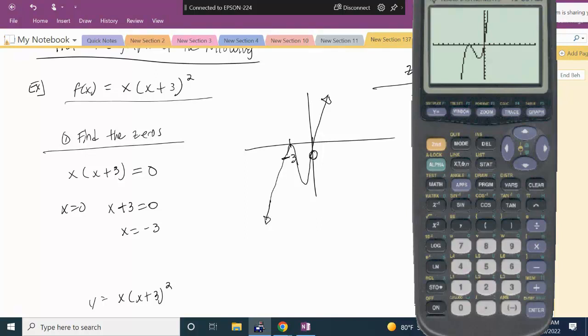All right, and we will take a look at the very last problem.